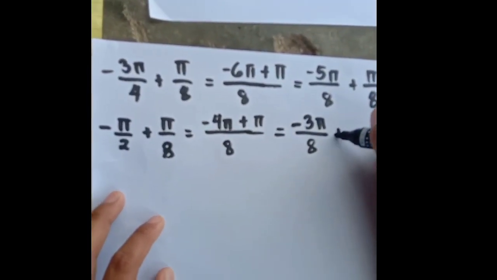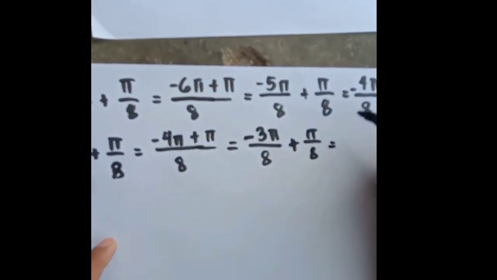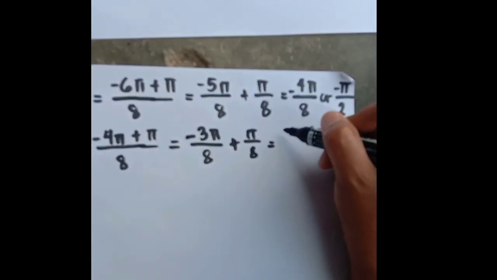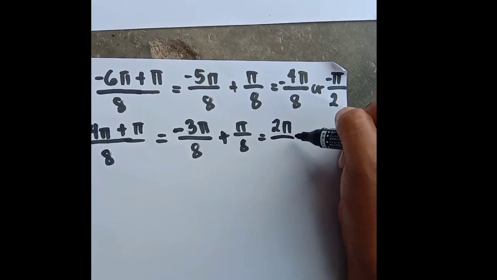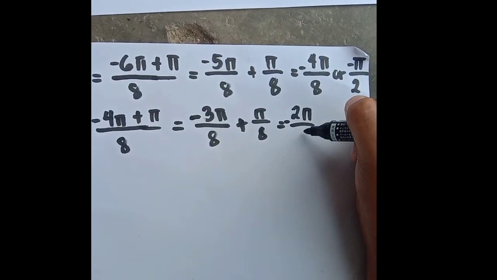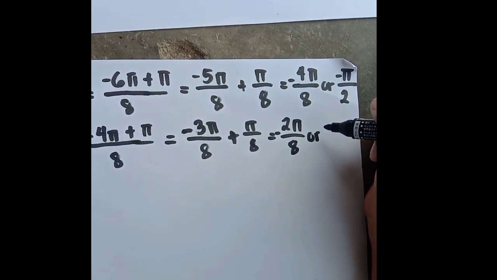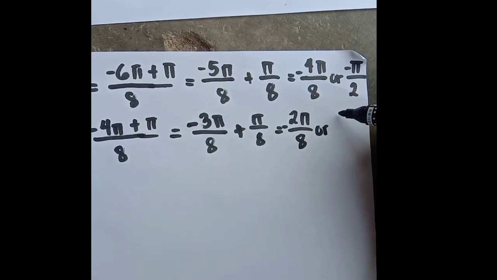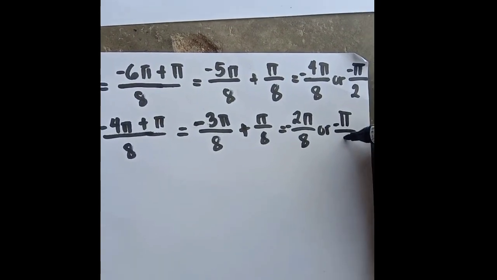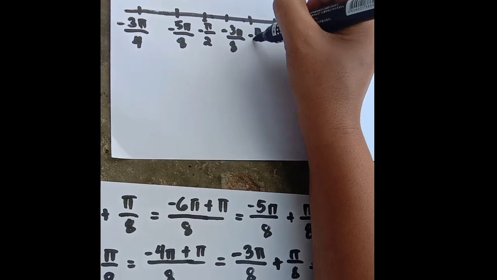Then the same process, add pi over 8 equals negative 3 pi plus pi equals negative 2 pi over 8, or reduce to the lowest term by 2, negative pi over 4. So negative pi over 4.